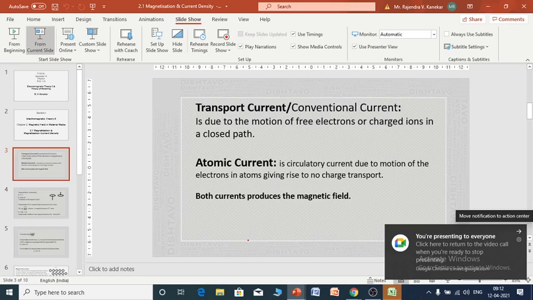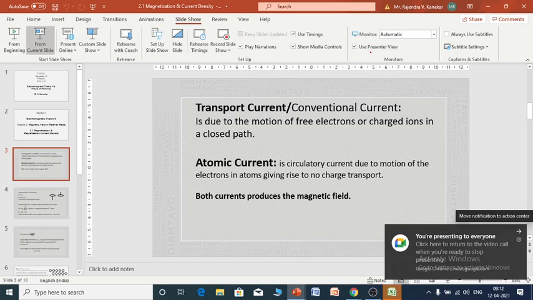Now to derive this, we require something more, what is called the magnetization current. So again we define an equivalent current. What I have drawn here are circles with arrows; these are electrons orbiting in an atom.